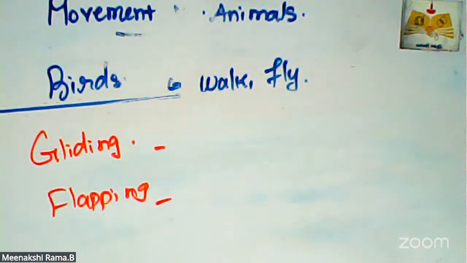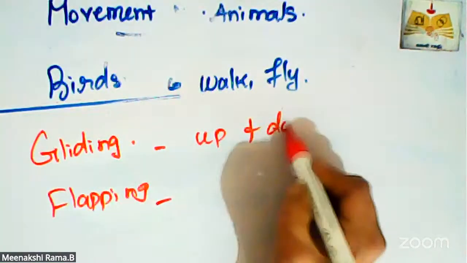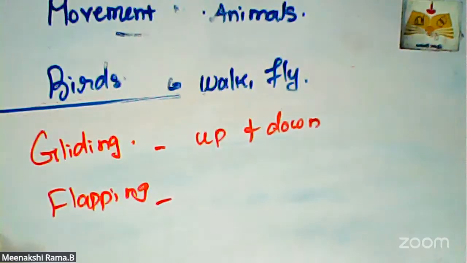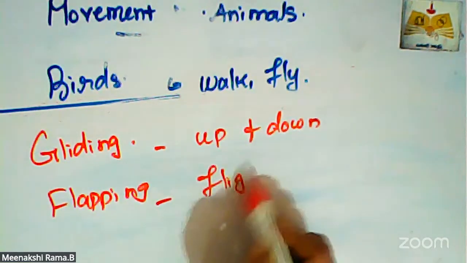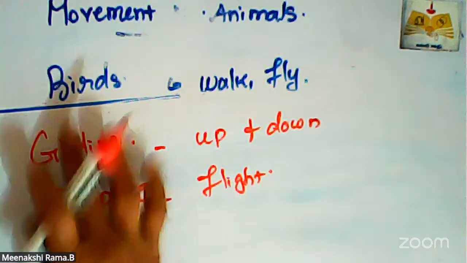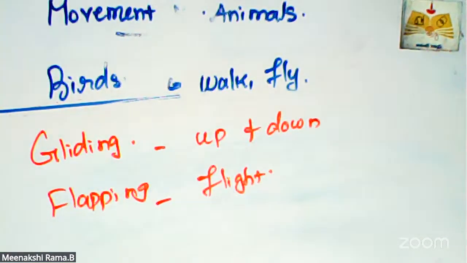Gliding means the bird uses air currents for going up and down, that is called the gliding way. Flapping means it is active flight. So the bird beats the air by flapping its wings, using their flight feathers for that purpose. Okay. So these are the two types of flight, gliding and flapping.